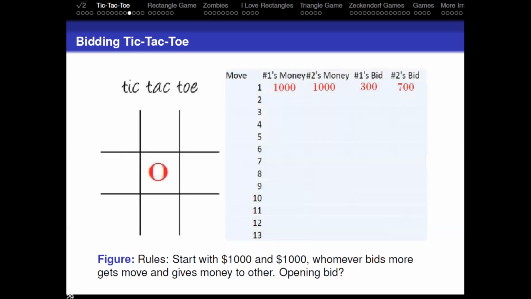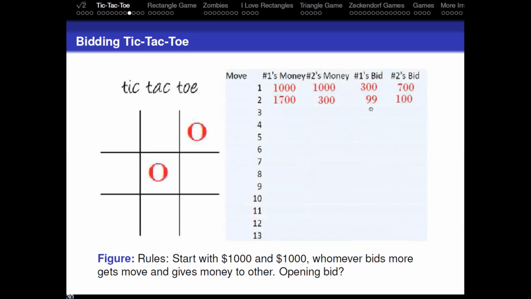So let's say we both start off with $1,000. Player 1 bids 300, player 2 bids 700. So player 2 bid more, so player 2 gets the move. And then player 1 gets the $700. Let's say now player 1 has $1,700, player 2 has $300.